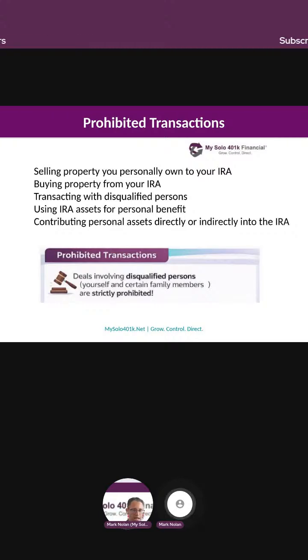That same rule applies to solo 401k plans. Transferring your land into your IRA. So let's say you own some farmland or some vacant land. It would be prohibited to sell or exchange that land that you or disqualified parties personally own, or your business owns, to your self-directed IRA or even to a solo 401k.